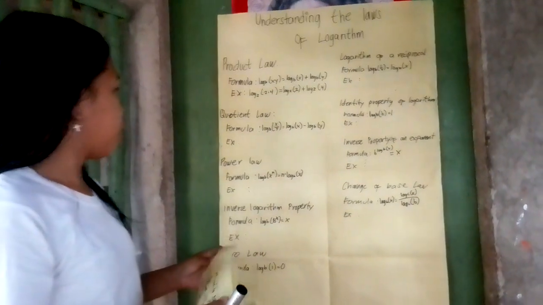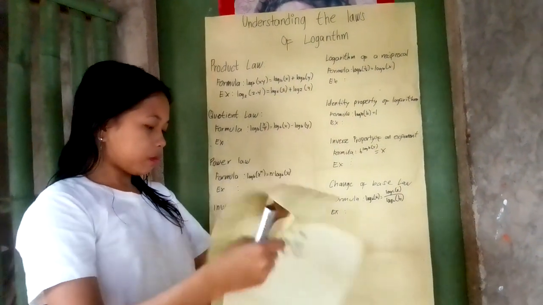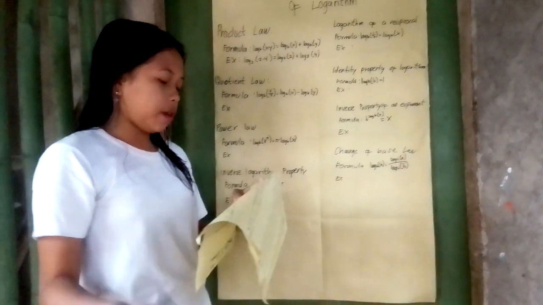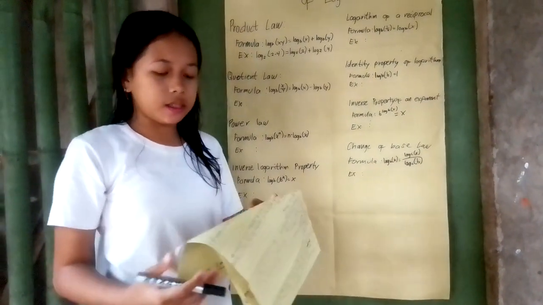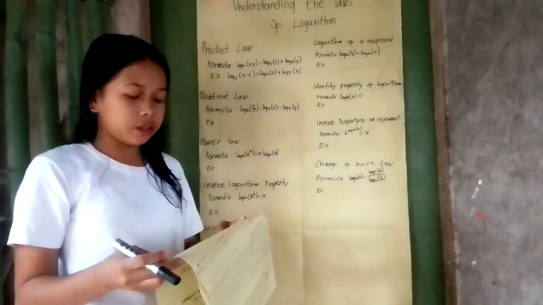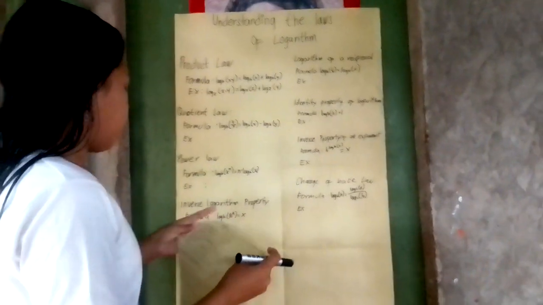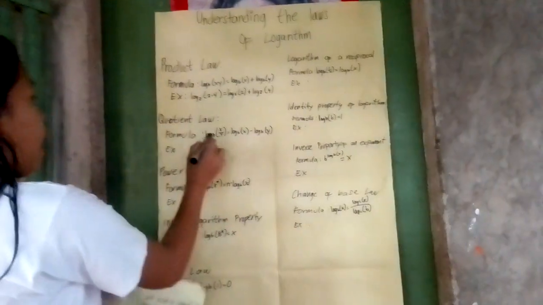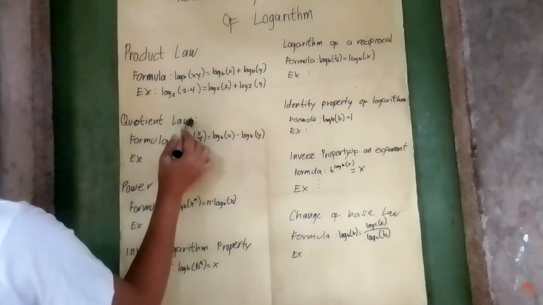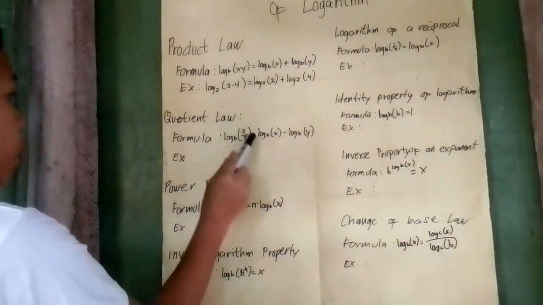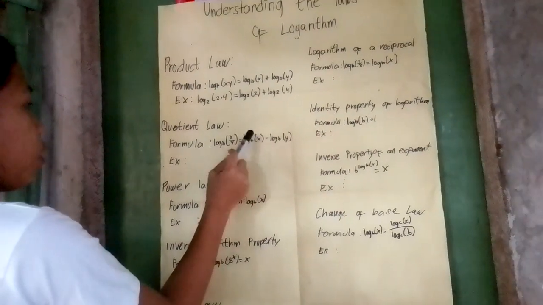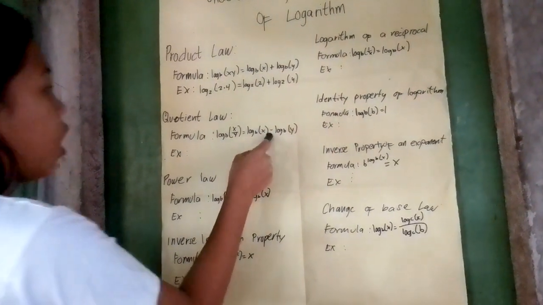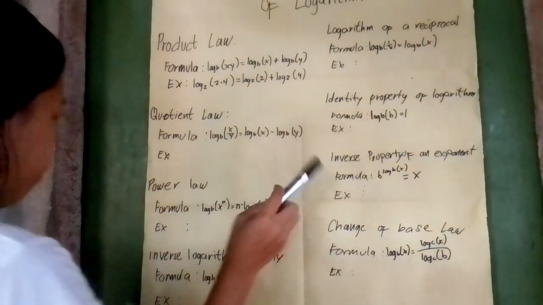Okay, let's proceed to the quotient law. This law tells us that the logarithm of a quotient is equal to the difference of the logarithm of the numerator and denominator. So the formula of the quotient law is log base b, quantity of x over y, equals log base b, quantity of x minus log base b, quantity of y.